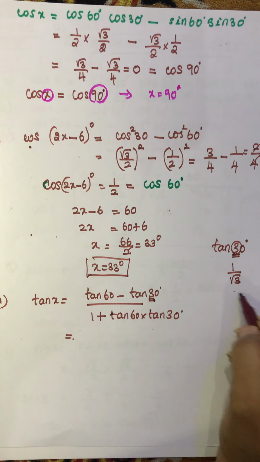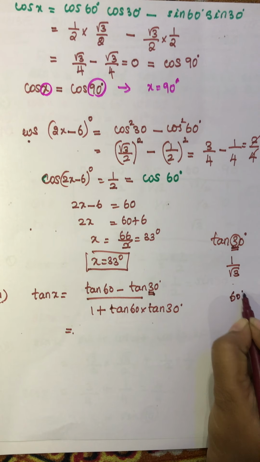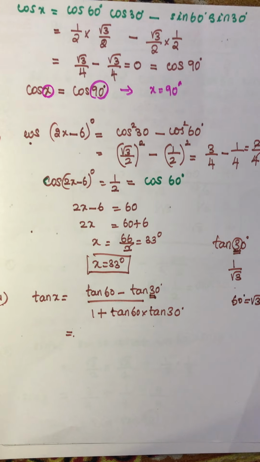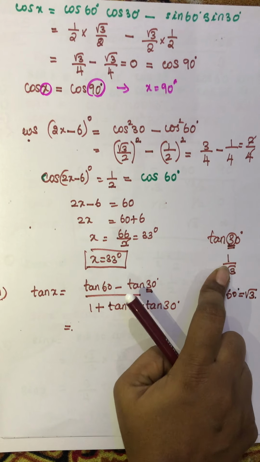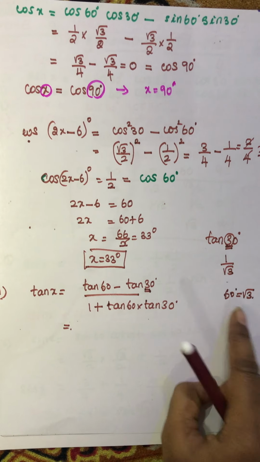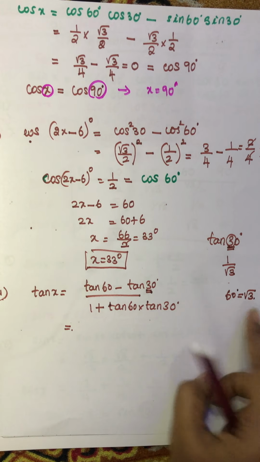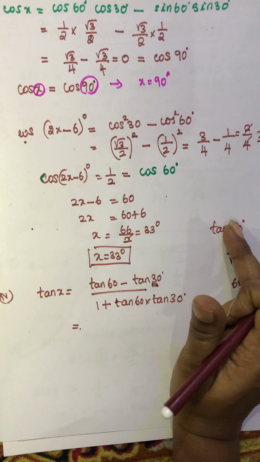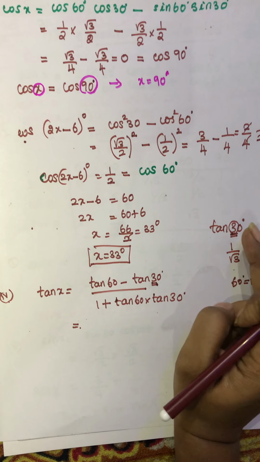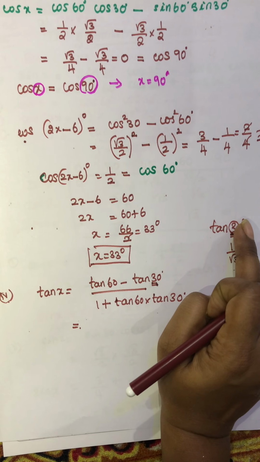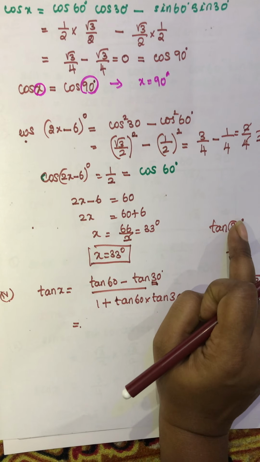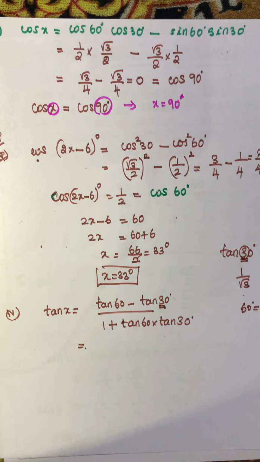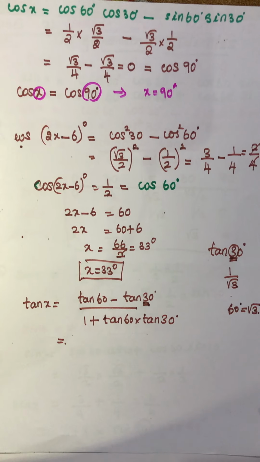When 60 degree comes, it comes straight. These are opposite. So you have to remember: if root 3 is in the numerator for one, you get root 3 as the denominator for the other.